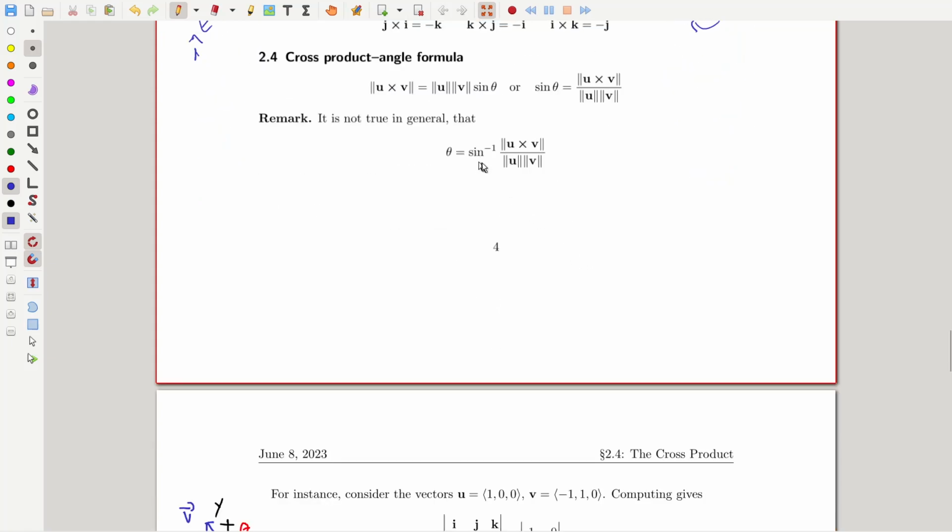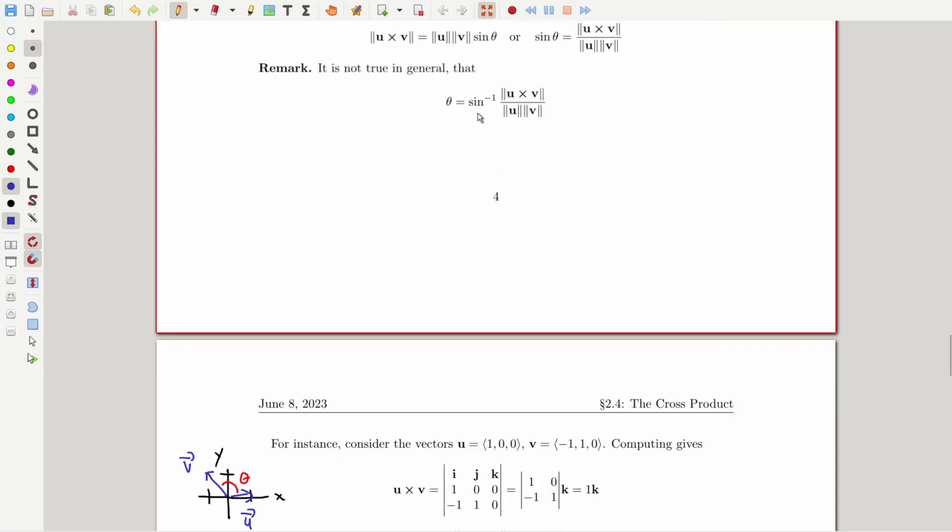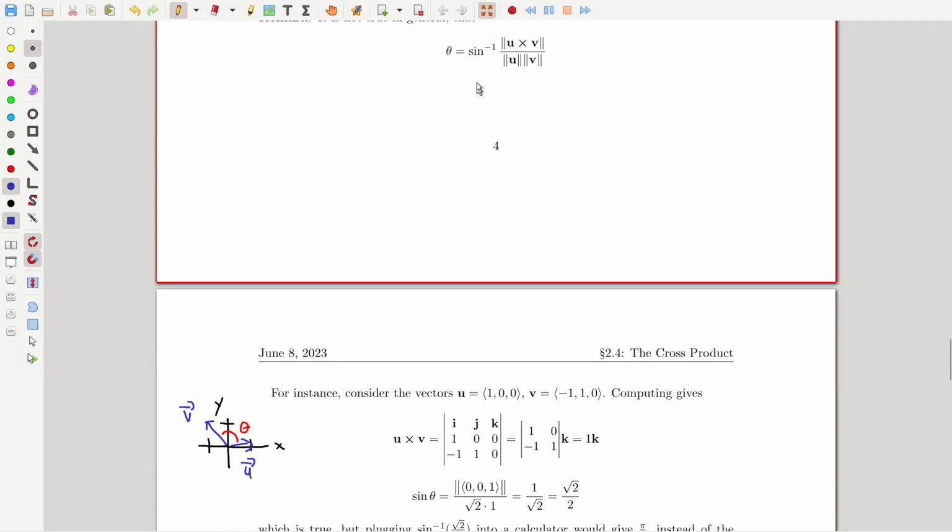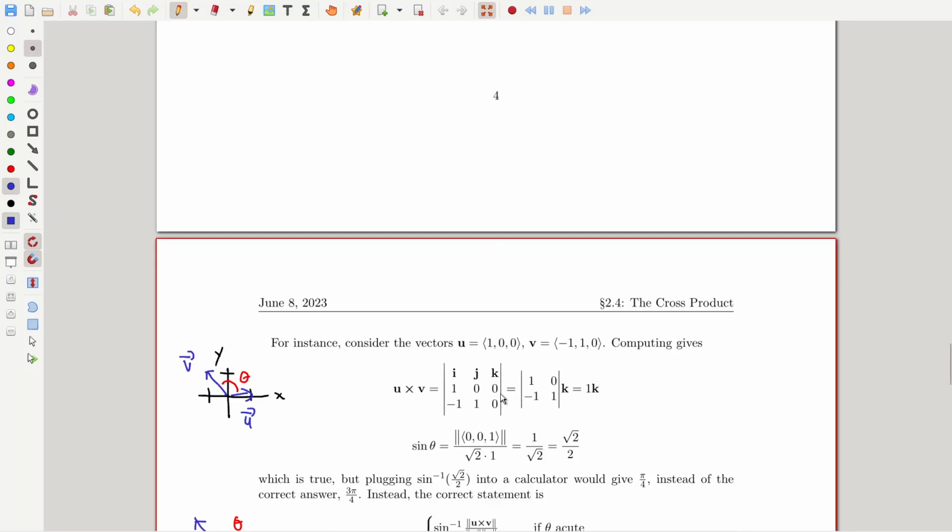And it's to do with inverse trig functions being a little bothersome at times. So I've created a concrete example that illustrates the issue that arises. Consider you have the vectors u and v that are given here. A visual depiction of them would be like this.